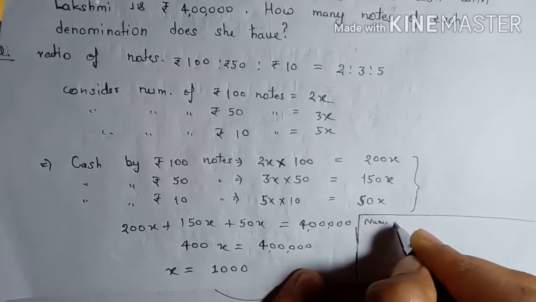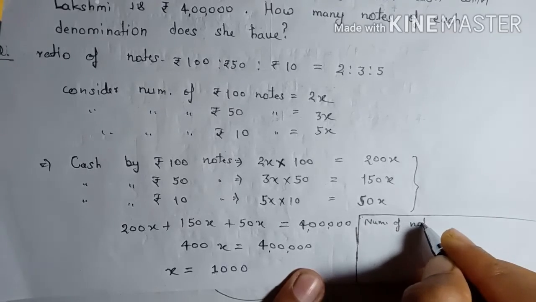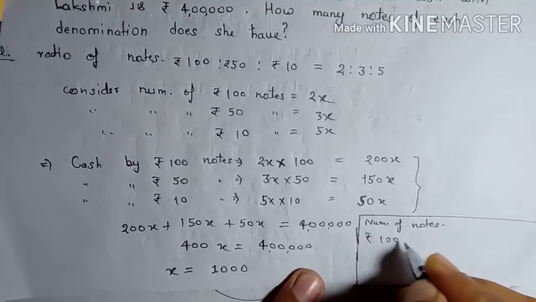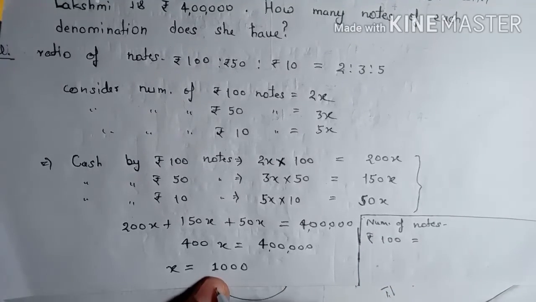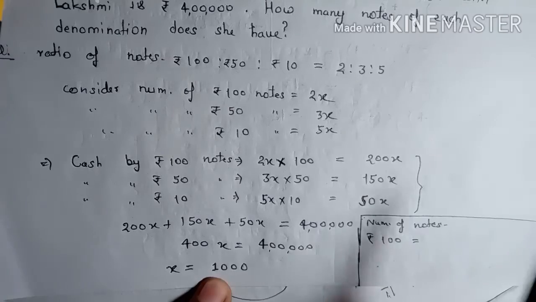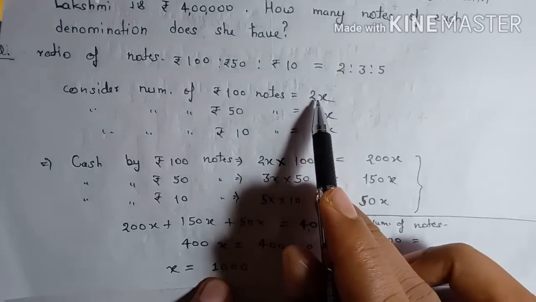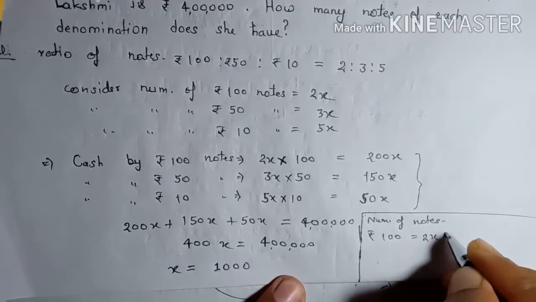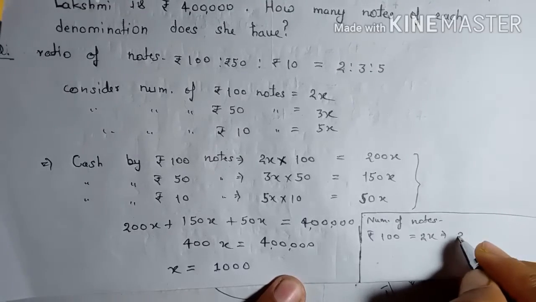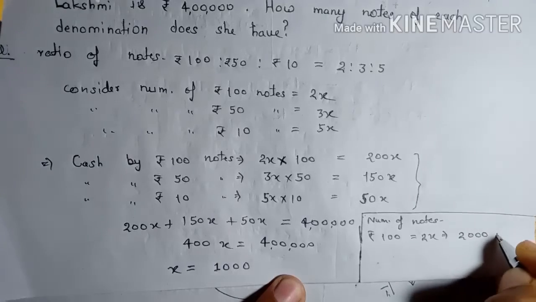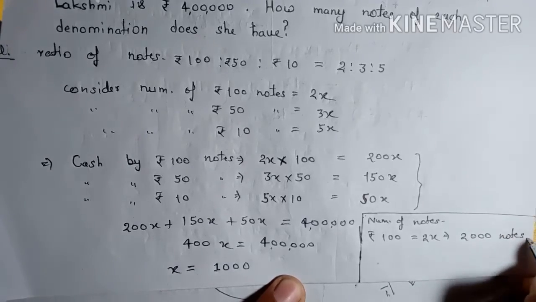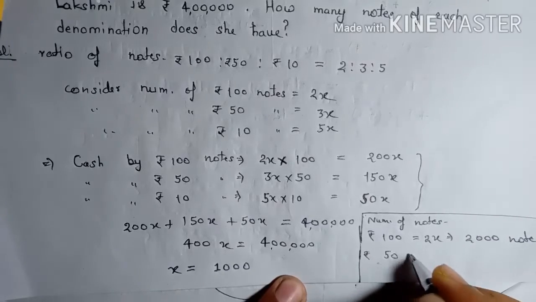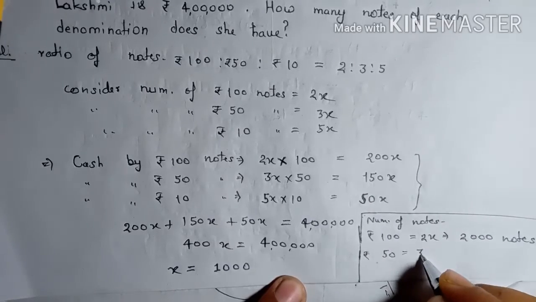Number of notes. 100 rupee notes are how much? This is x, that is 1000, and total notes of 100 rupees are 2x. So that will be what? 2 into 1000, that will be 2000 notes of rupees 50, so that is 3x.